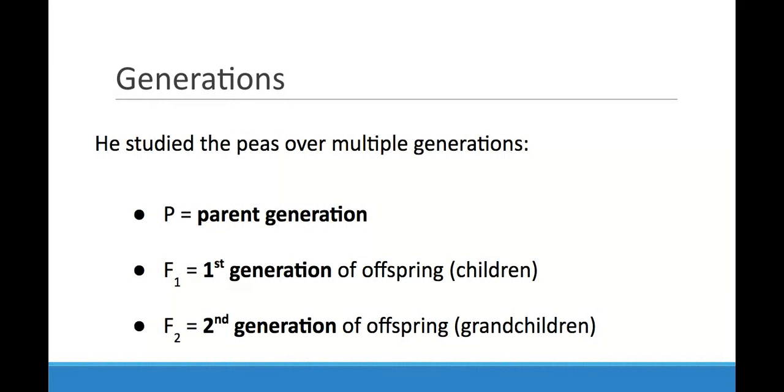And then he took those plants and crossed them together. The offspring of that cross he called the F2 generation, which you could think of as being sort of like the grandchildren. So he looked at the parent generation, the children of those parents, and then the grandchildren. So he studied 3 generations of peas.